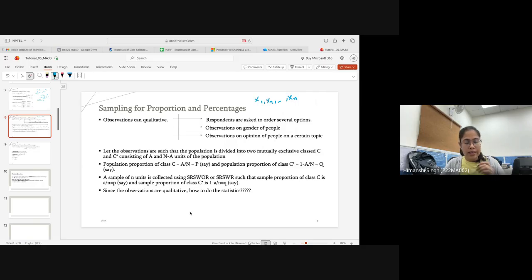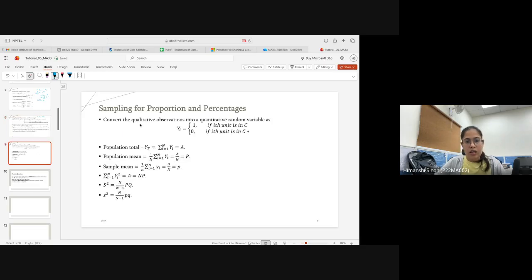Okay, so as I discussed previously, if the observations are qualitative, for example gender, or the answer says yes or no, then what to do with the statistics? We will be considering only this kind of scenario, where we can divide the whole population into two classes. In that scenario, I will convert the qualitative observations into a quantitative random variable. So before I had x1, x2, xn.